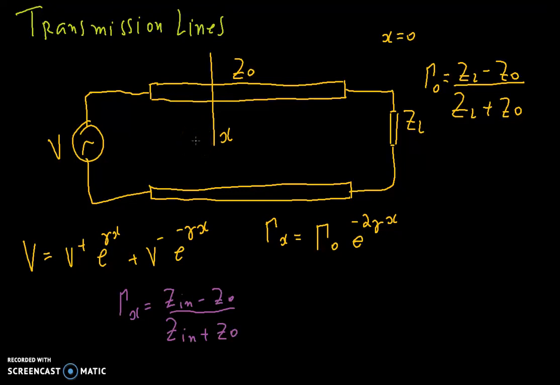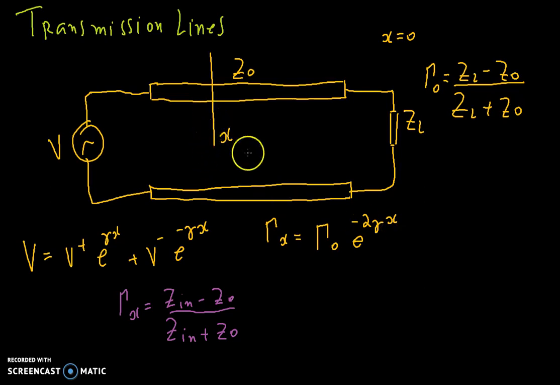So in the last tutorial we learned how to calculate the reflection coefficient at any point x on the transmission line. If you remember, gamma x, which is the reflection coefficient at point x on the line, is given by gamma naught, which is the reflection coefficient at the load, times e to the minus 2 gamma x.